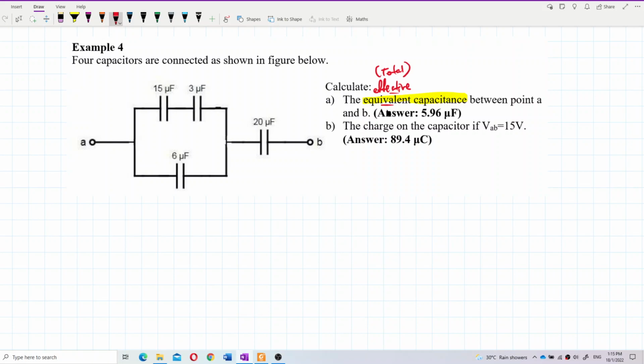So he wants to find the C equivalent, or we can say C total, between point A and B. Point A and point B are considered to be the C total, or we can say C equivalent.